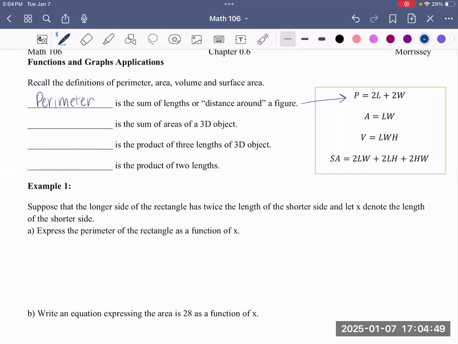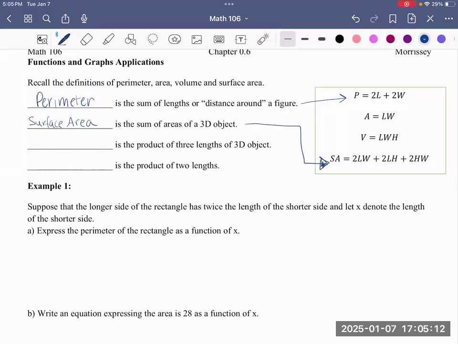What about the sum of areas of a 3D object? Well, it's taking the sum of the areas, therefore it must be surface area. Surface area should have this equation.